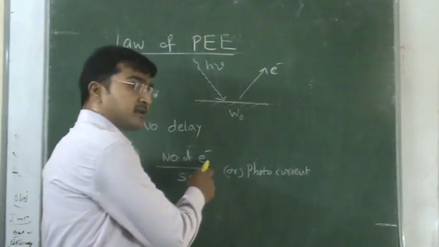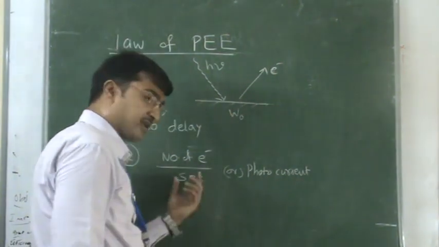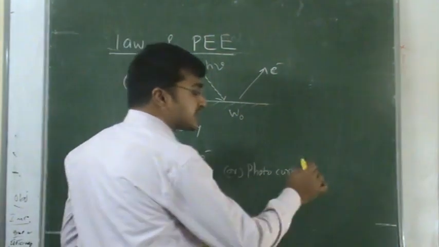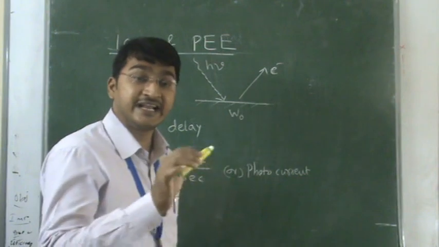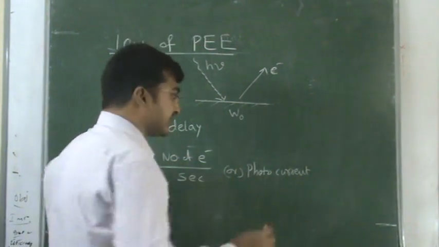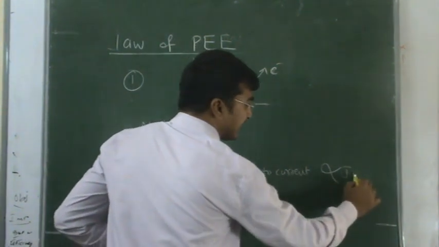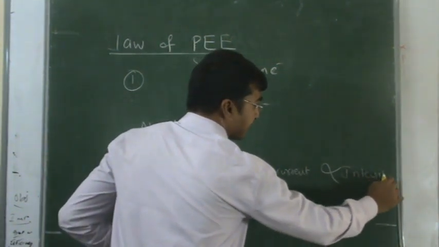So the photocurrent depends only on the intensity of light. That's why I am writing directly proportional to intensity of light.